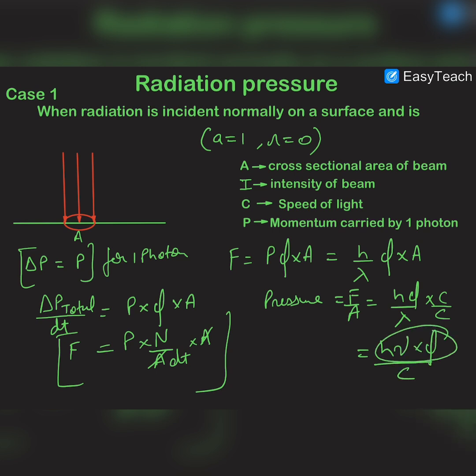And you know that h nu into phi is the intensity of the beam. So pressure on the surface will be equal to intensity upon speed of light, I by C. This is the relation between pressure and intensity for this case.